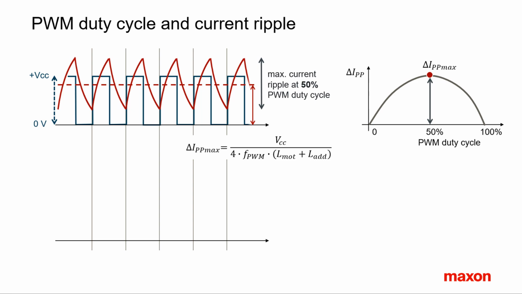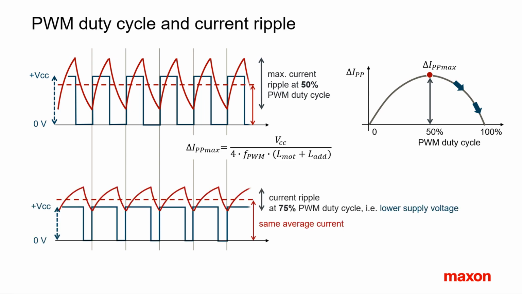A closer analysis of the current ripple reveals that enhancing the PWM duty cycle by reducing the supply voltage minimizes the current ripple even further. This is qualitatively shown in the lower diagram. Hence, reducing the supply voltage has a double positive effect. It minimizes the current ripple and enhances the PWM duty cycle.